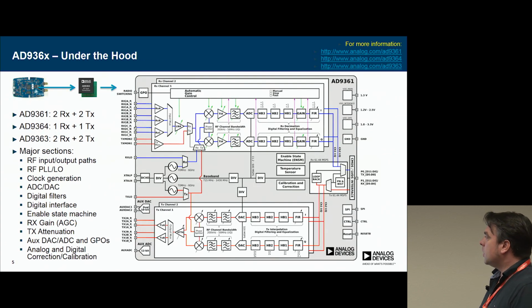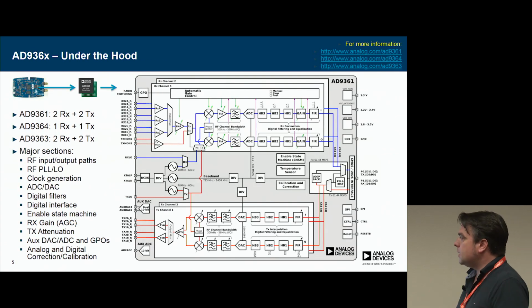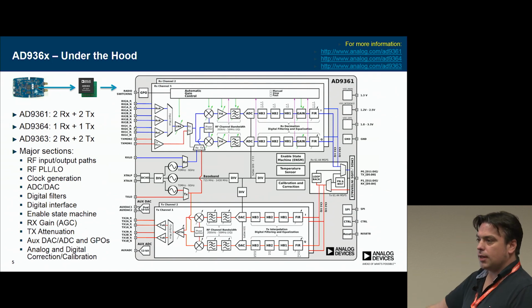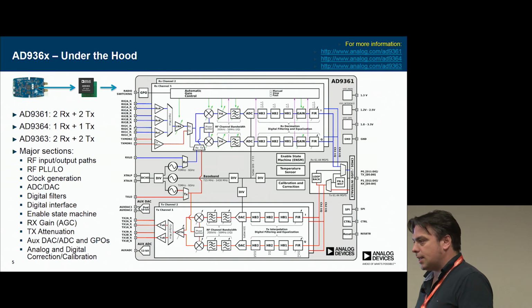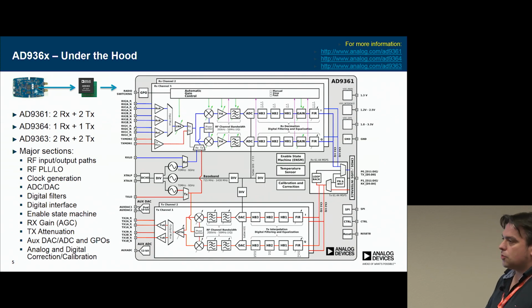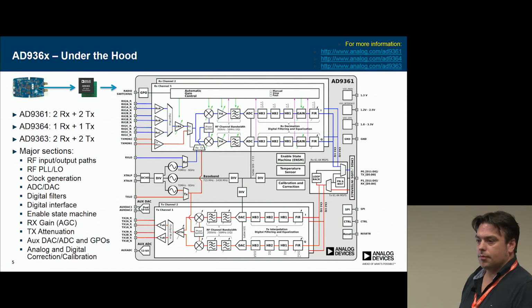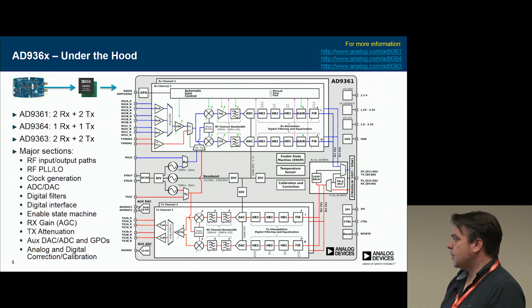So under the hood, some of you might have already seen this block diagram. There's the AD9361 family. The AD9363 is a subset of the AD9361. It also has two receivers, two transmitters, but on the Pluto itself, we only have one receiver and one transmitter on the SMA jack.